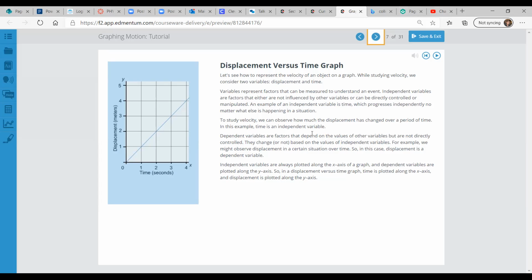So in this case, displacement is a dependent variable. Independent variables are always plotted along the x-axis. Dependent variables are plotted along the y-axis. So in this displacement versus time, time is plotted along this x-axis. Displacement is plotted along the y-axis.